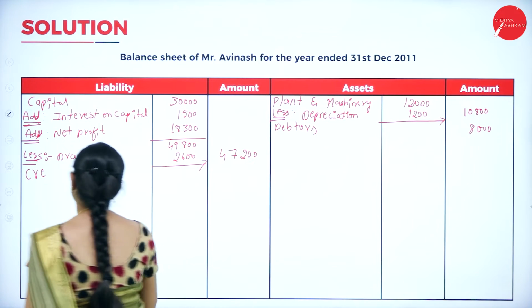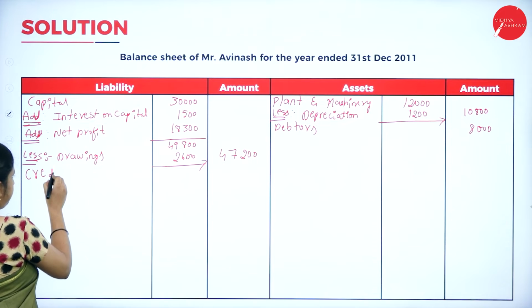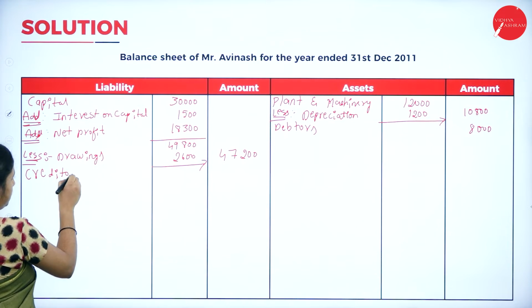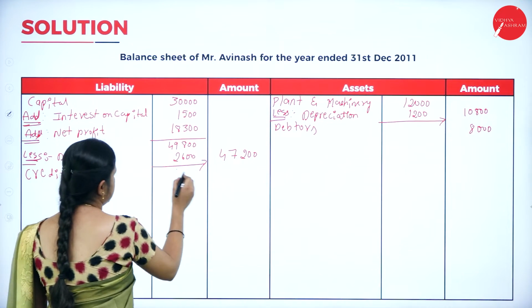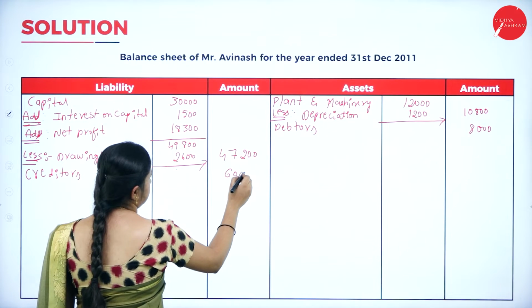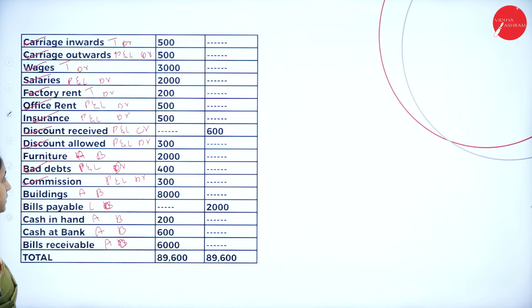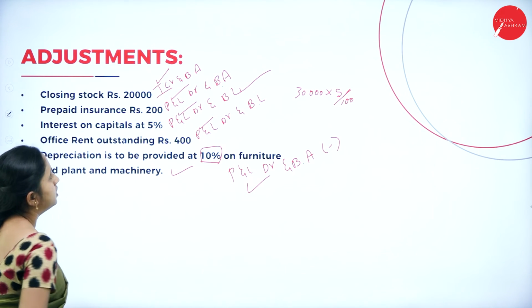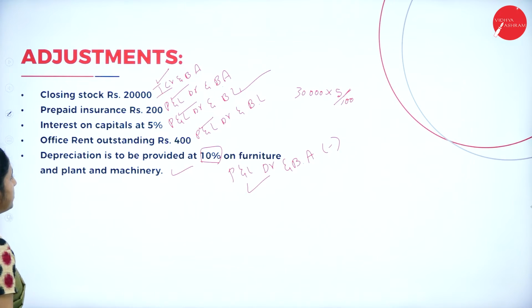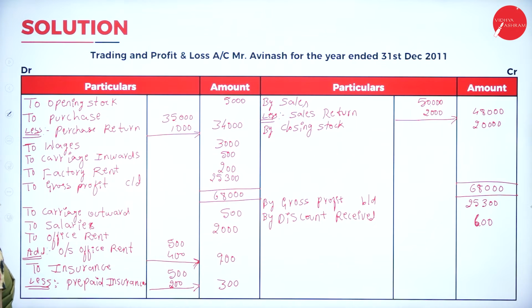Next, furniture 2,000. For furniture we have depreciation at 10%. So furniture 2,000 minus depreciation.